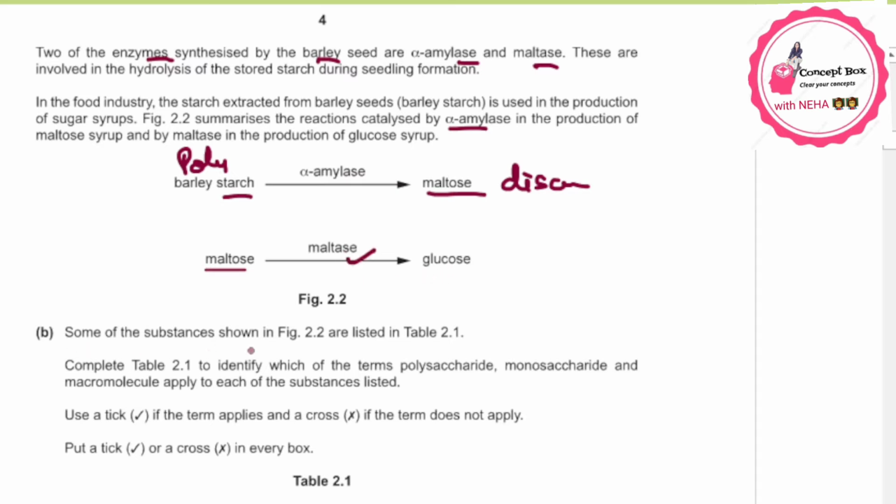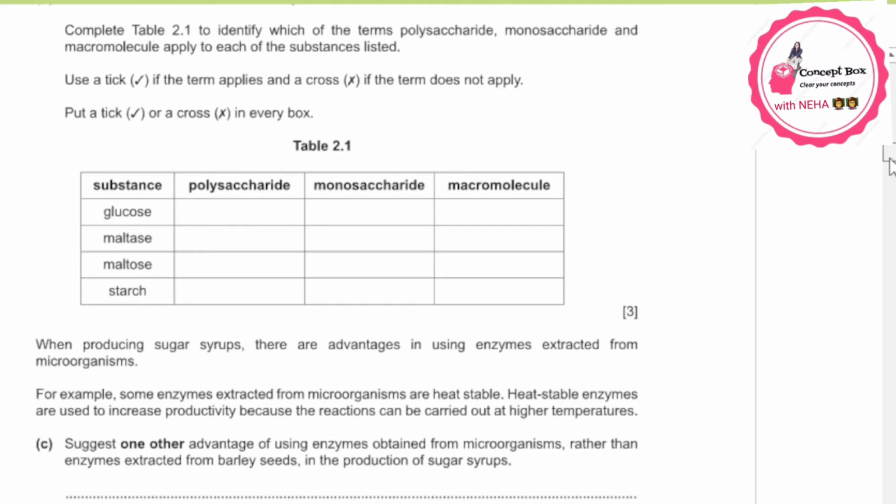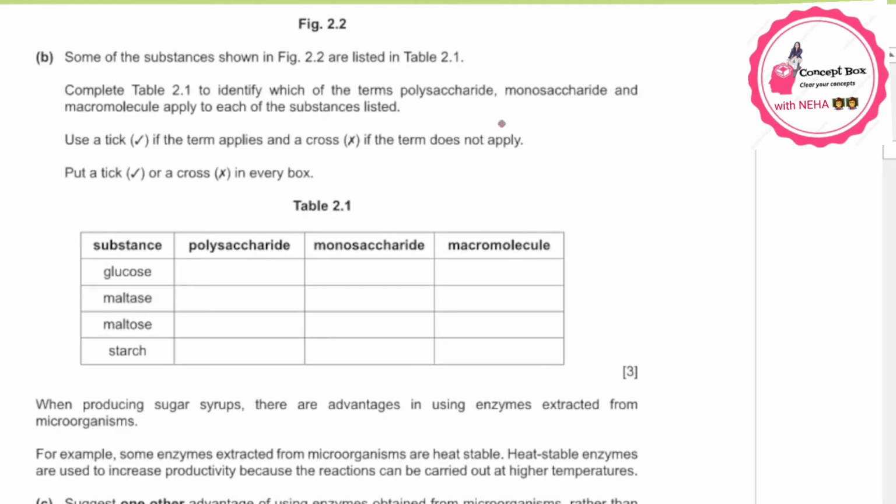Some of the substances are shown in the figure. Complete the table to identify which is a polysaccharide, which is a monosaccharide and which is a macromolecule. You don't have to focus on all this story, just focus on which is which. Glucose is a monosaccharide.